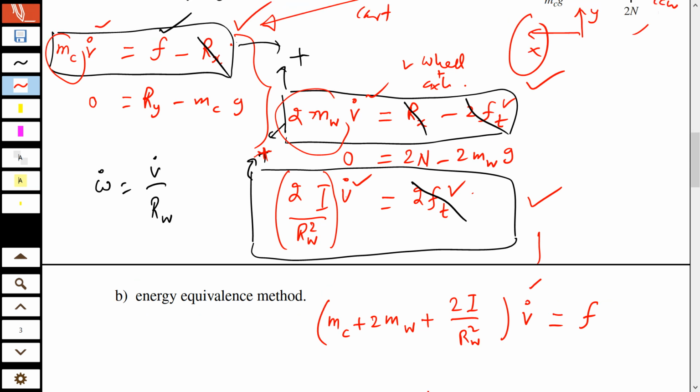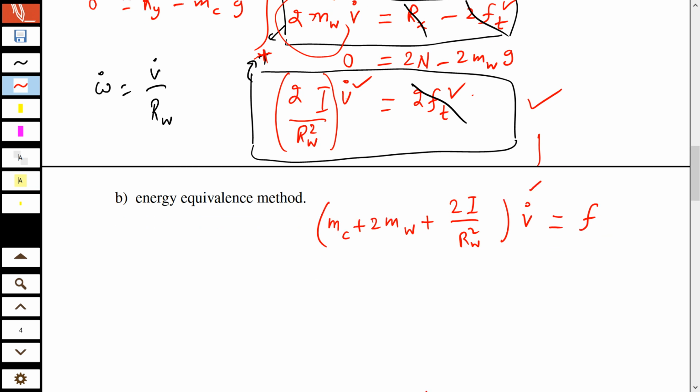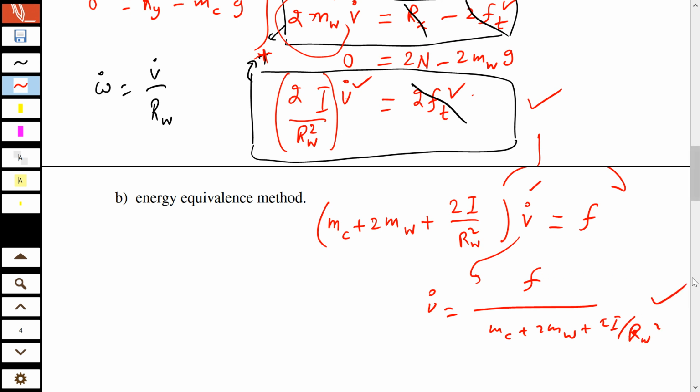Now there you have an equation for V dot, and the actual question was to have an expression for V dot, so you can just bring this whole thing to the other side, and that will be MC plus twice MW plus twice I over Rw squared. Plug all the values and you are done.